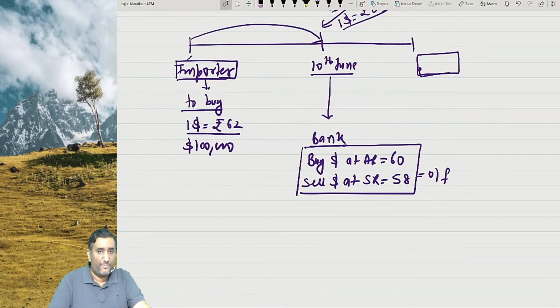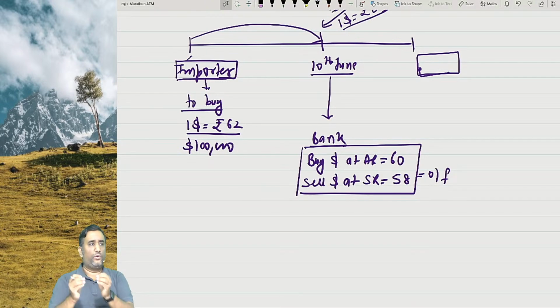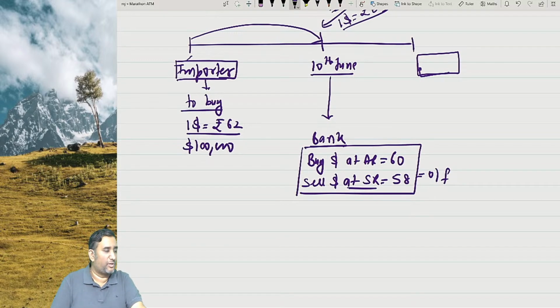One transaction which will happen on 10th June is, I'm a bank, I have done the agreement to buy. I will buy. I waited for you. If you would have come, I would have given it to you. That's it. There would have been no problem. But you did not come. So what did I do? I sold dollars at the spot rate. Now the guidelines require this, there could have been some problem with the customer. He might not have been able to come due to certain reasons.